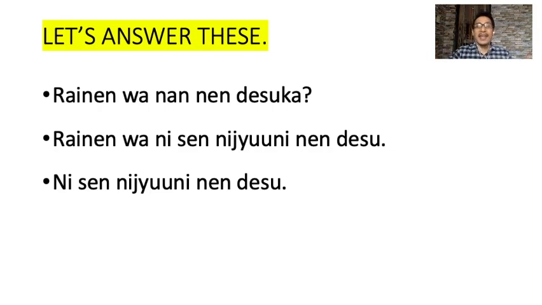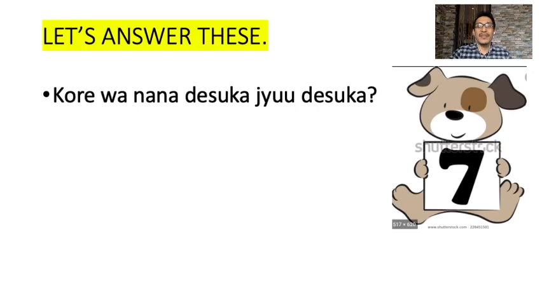Okay? Now, please take a look at the picture. これは7ですか? 10ですか? Can you tell the number here? So the question here is asking you what number this is. これは means this. これは7ですか? 10ですか?